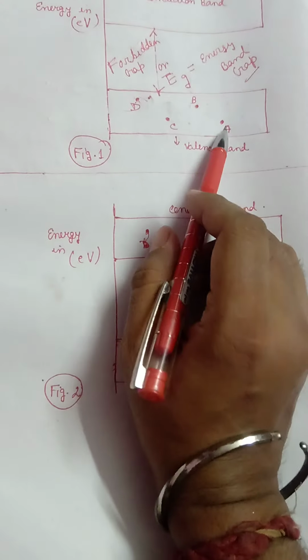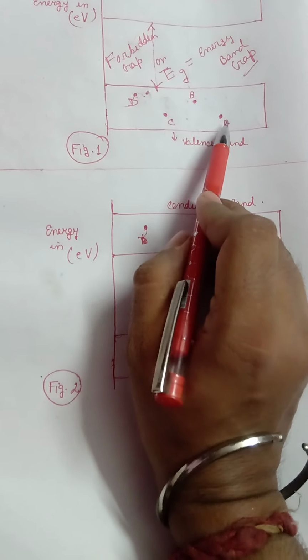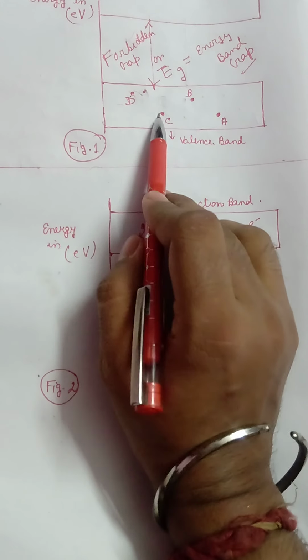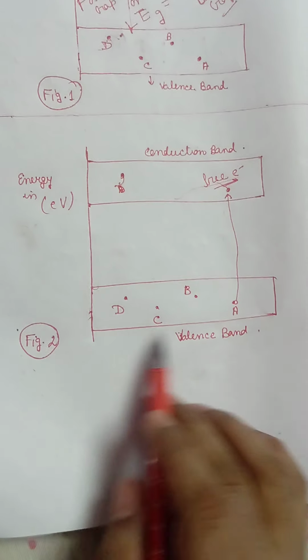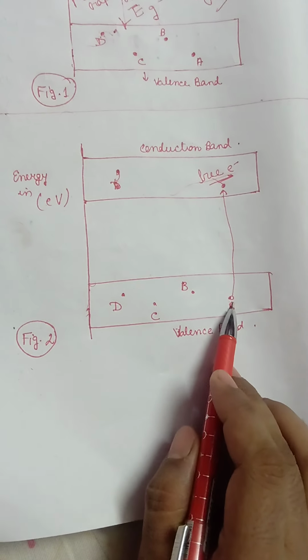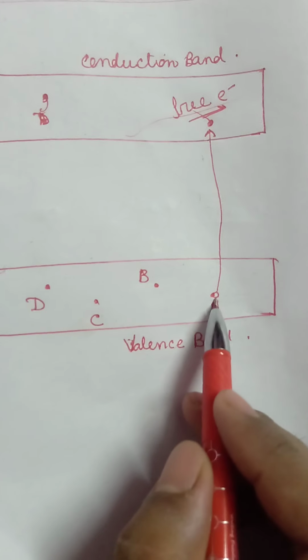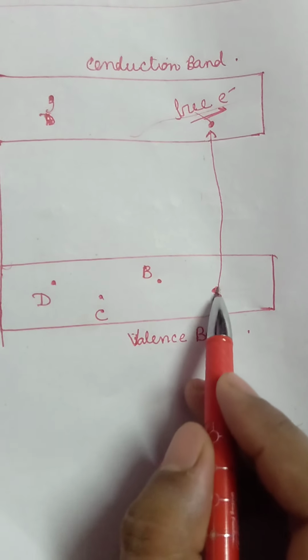Here it is A, B, C, D, 4 dots, but in figure 2 you can see that here we have a vacancy. Now check it, a vacancy is there.